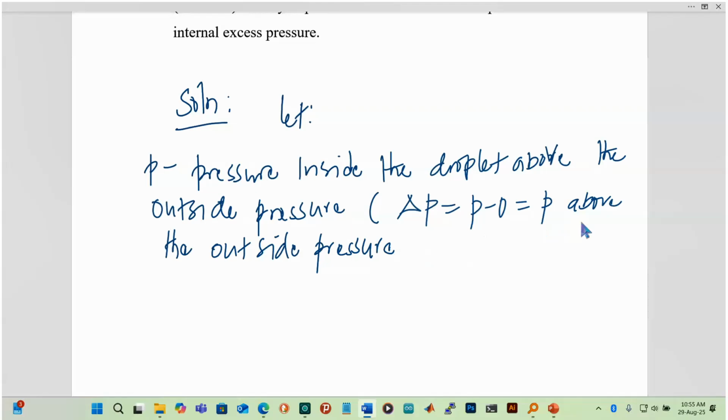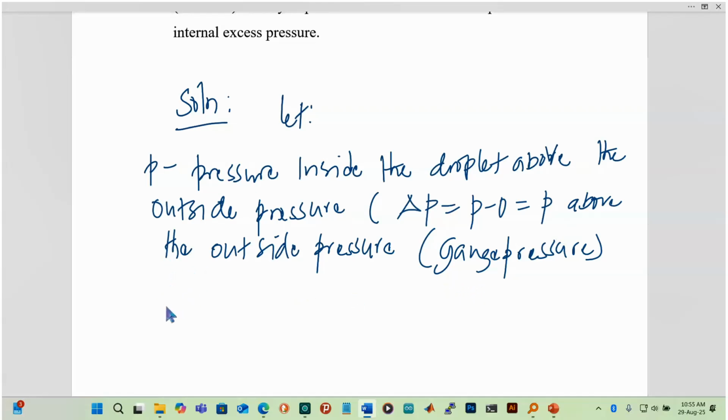In other words, this is actually going to be gauge pressure because it is above atmospheric pressure. The outside pressure for this droplet is actually atmospheric, so any pressure above it, called P, is the gauge pressure.